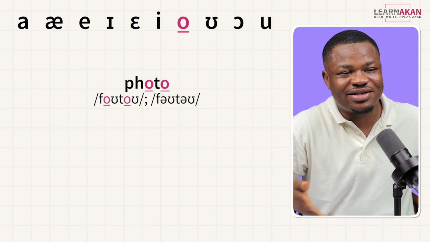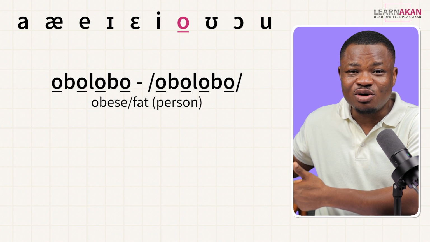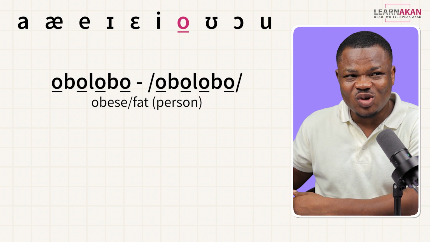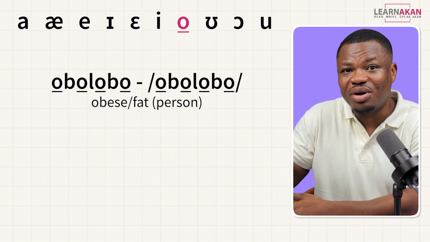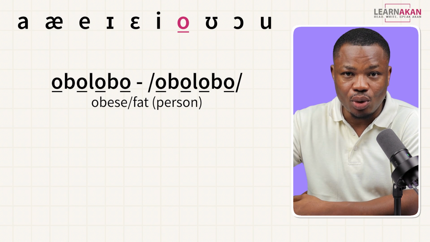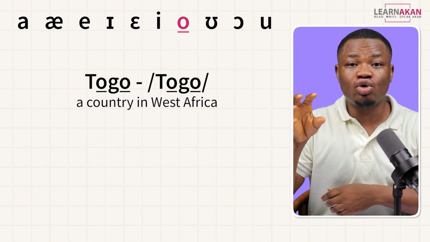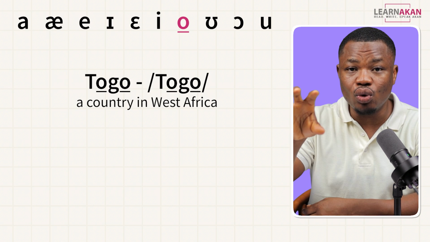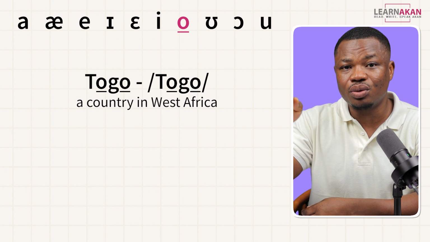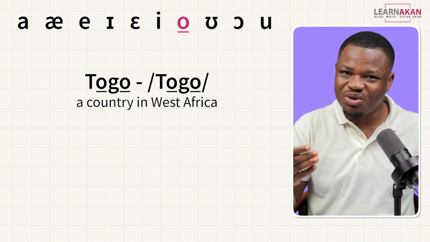I can't think of an example, but for lack of one, let's say a foreigner wants to say this word. You hear something like "obolobo", but no, it's "obolobo", right? Our neighboring country is Togo. Here it's Togo, not Togo, right? Not Togo. So when you say it that way, we know you are a foreigner.